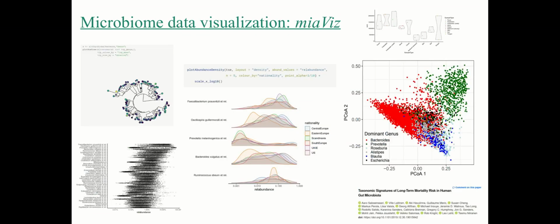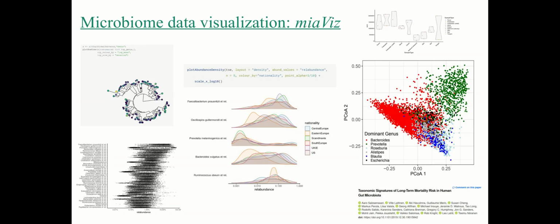And then of course we need to visualize the data in many use cases, and the miaViz package provides a set of tools for standard visualization tasks, starting from typical box plots and density plots, jitter plots, to principal coordinates analysis techniques and visualization of the tree information in microbial studies.